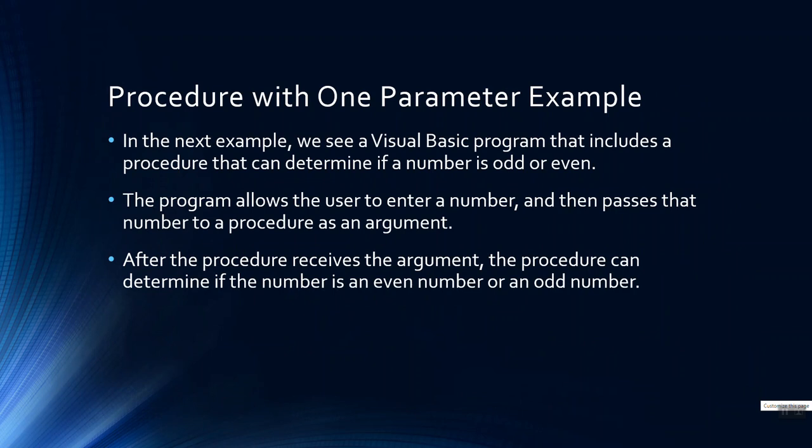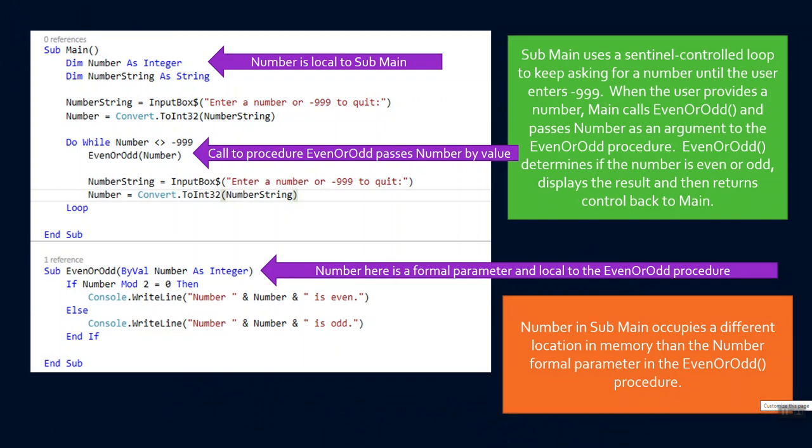So let's take a look at this even or odd example. Again, this snippet of code would appear within a module. We have our Sub Main up here at the top, and we have our EvenOrOdd procedure down here at the bottom. Let's start with EvenOrOdd.